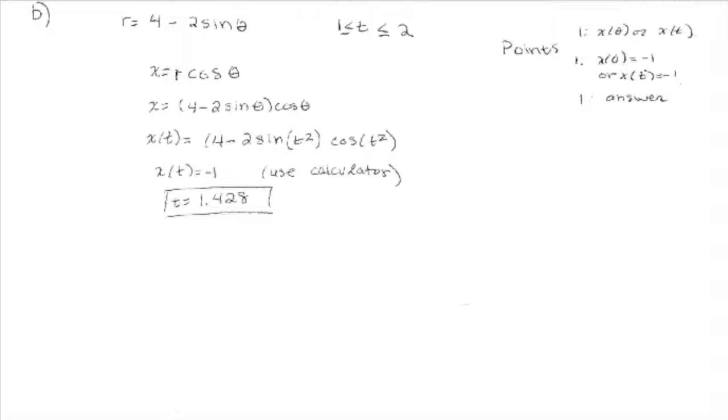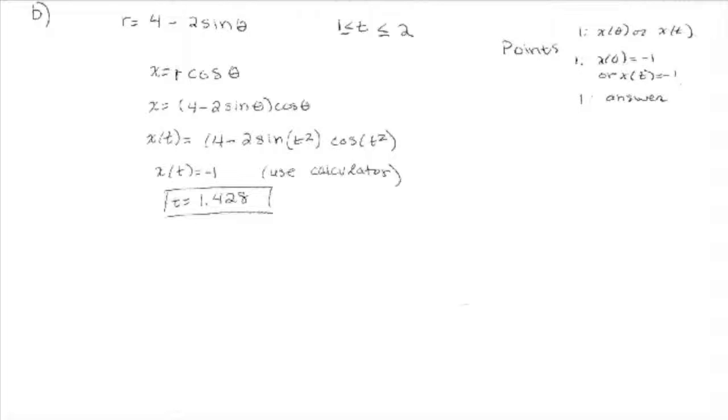So our r is 4 minus 2 sine of theta. And so we just sub that in, and then x equals 4 minus 2 sine of theta times cosine theta. And then we want to know when theta equals t squared, so we substitute in t squared for theta, and then we have x of t equals 4 minus 2 sine of t squared times cosine of t squared.